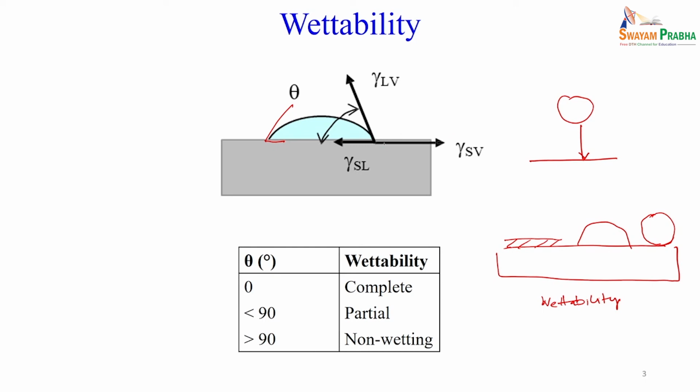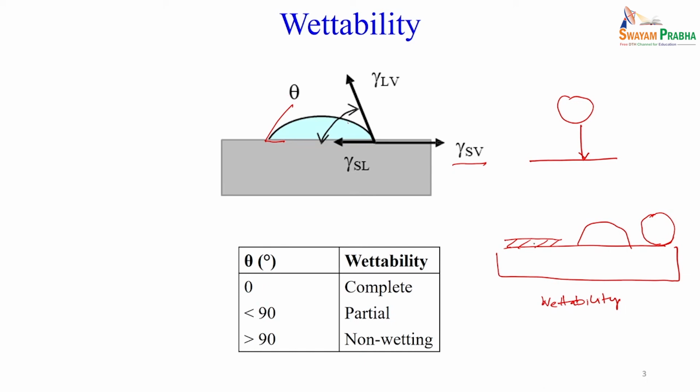The first is the solid vapor interface, the second is the liquid vapor interface, and the third is the solid liquid interface. So, here we are dealing with three interfaces, and depending on the value of theta, the contact angle.